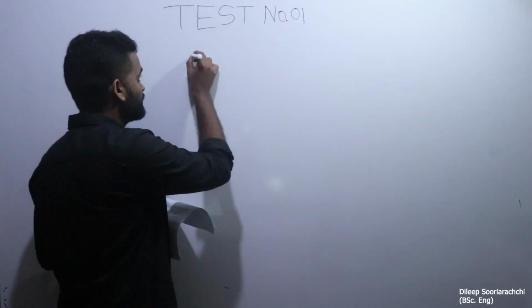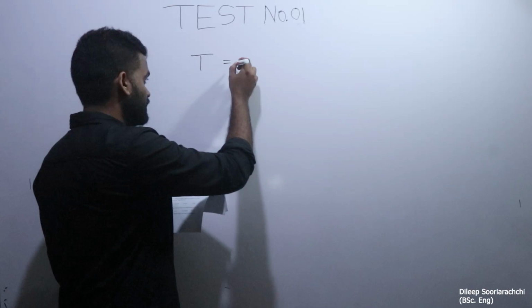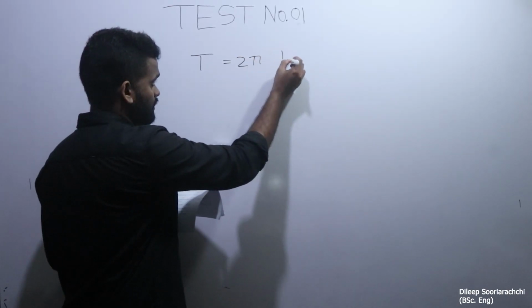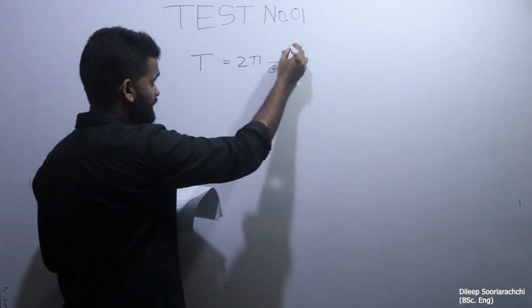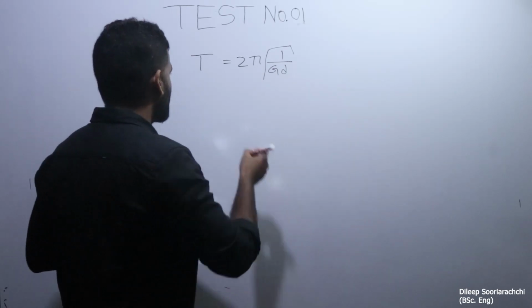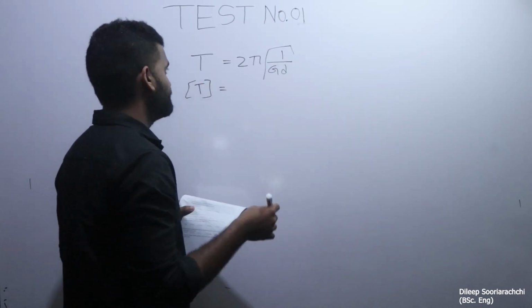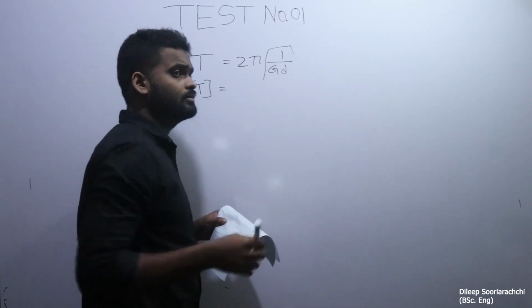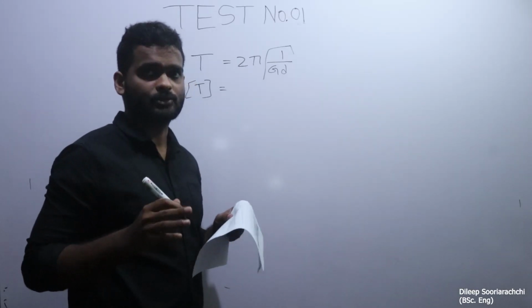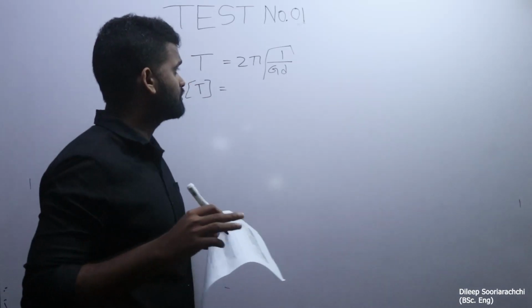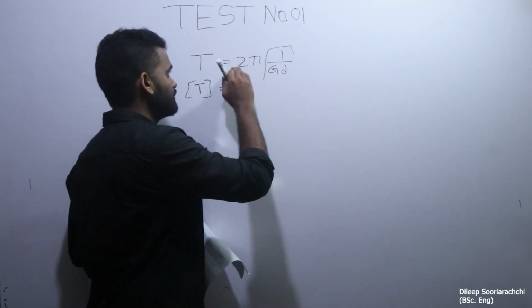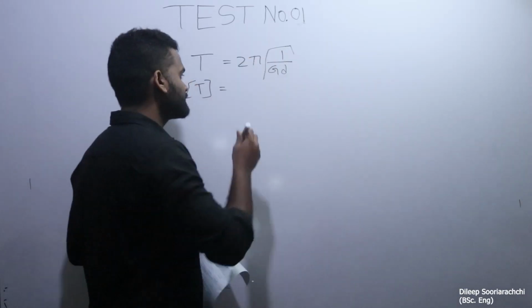So this is the equation: T equals 2 pi times the root of 1 over g d. The dimensions of the equation also should be the same. 2 pi does not have dimensions. This is just a number, so we are getting rid of that.